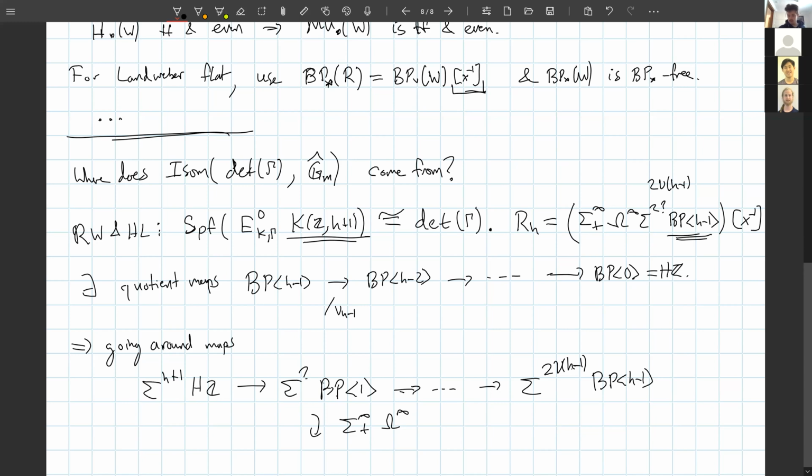This is going to give me some way to relate things. So if I hit this with suspension infinity plus of loops infinity, on this side I get suspension infinity plus of K(Z, H+1), and then I have some intermediate things, and then on this side I have suspension infinity plus of my Wilson space.